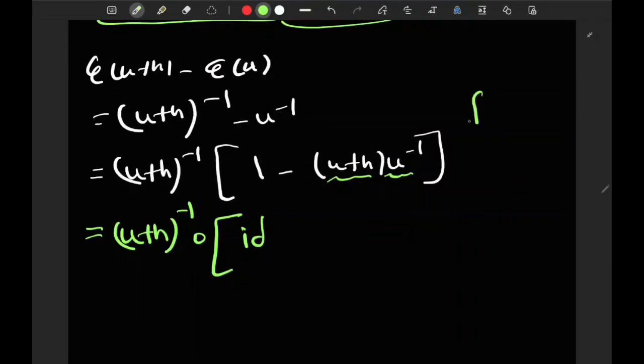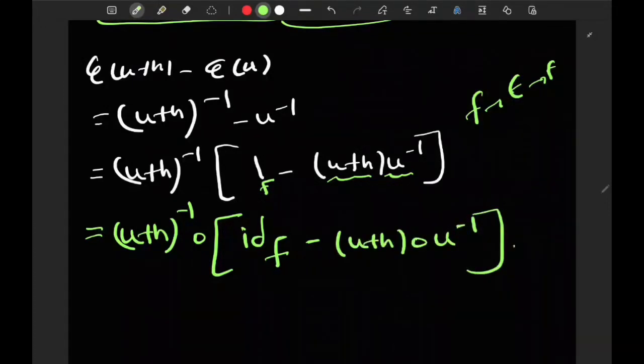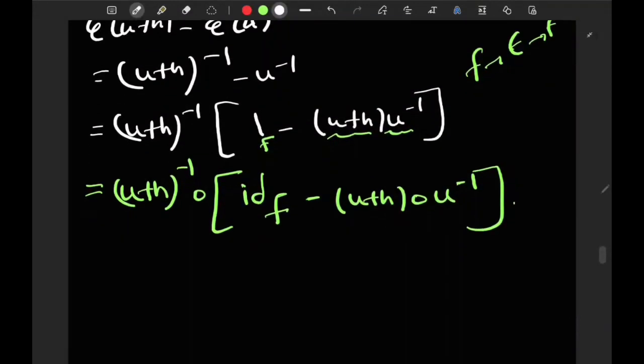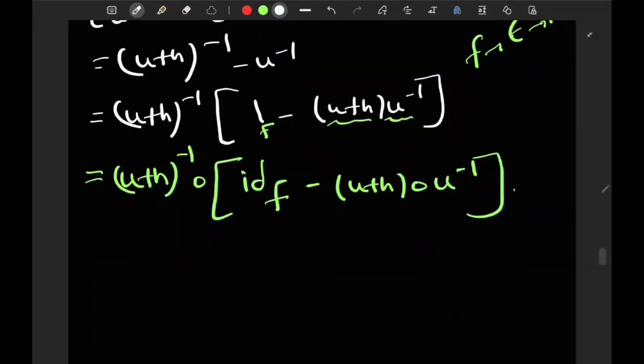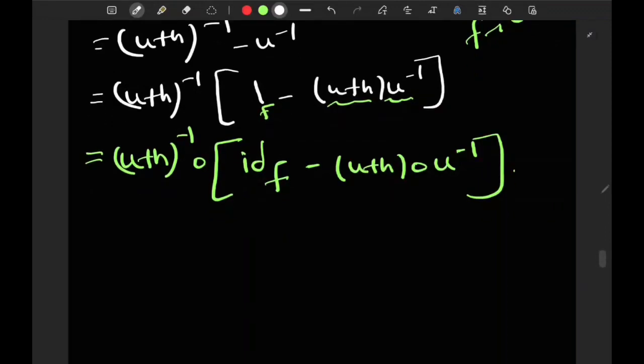So u inverse goes from F to E, and u+h is from E to F. So this is 1_F, the identity of F, minus (u+h) composed with u inverse. That's the completely careful way of writing it, but we will not be this careful because, for our purposes, composition acts just like multiplication. But we have to be careful that this multiplication is not commutative, so it matters whether you compose from the left or from the right.